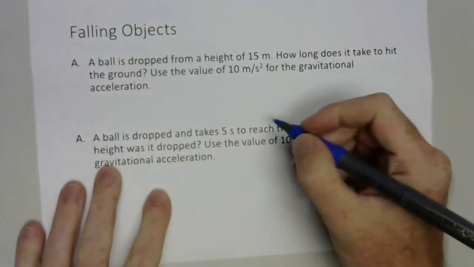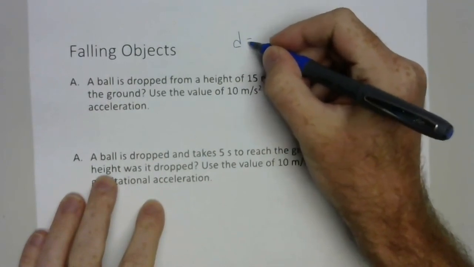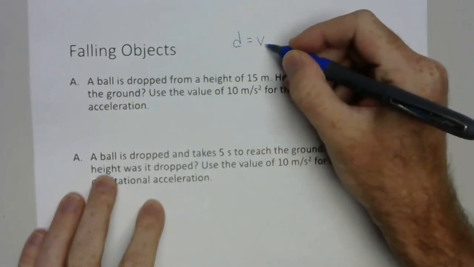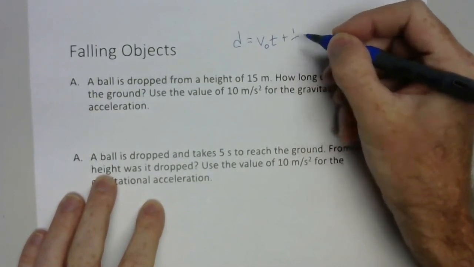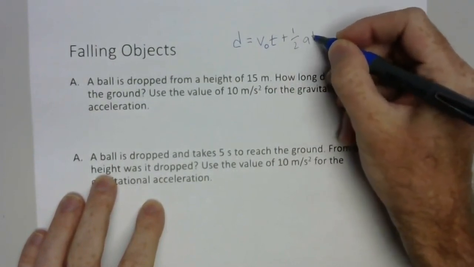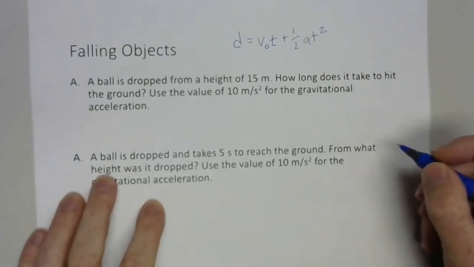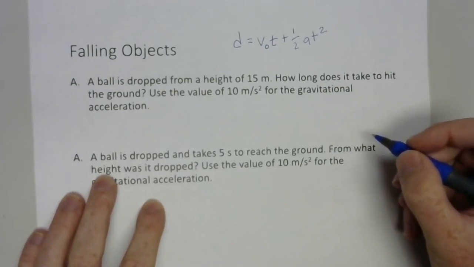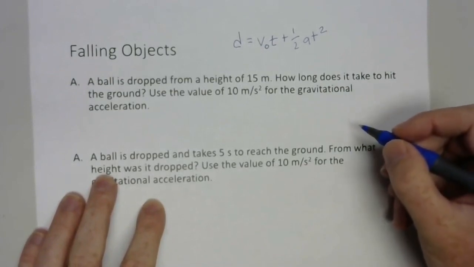So if we've got our distance equation of motion, remember the distance was equal to the velocity 0 times the time plus 1/2 at squared. Sometimes people use the variable g to equal acceleration due to gravity. So it could be 1/2 gt squared.